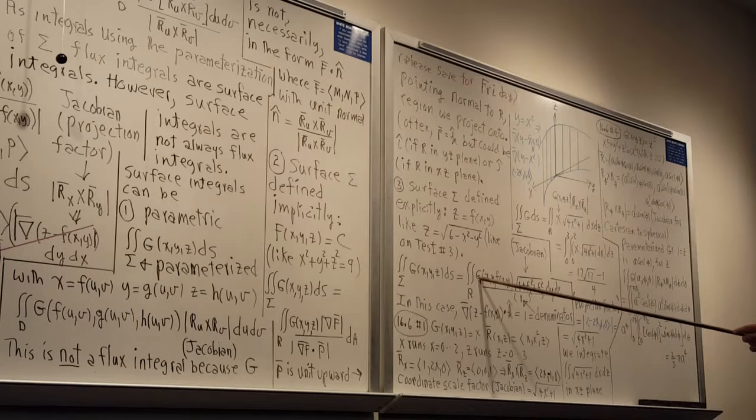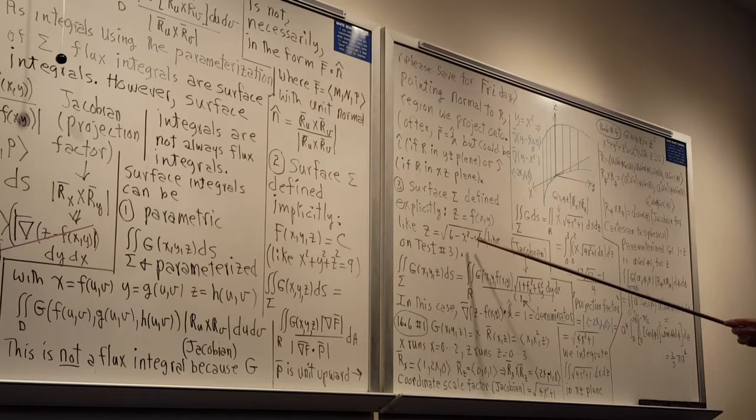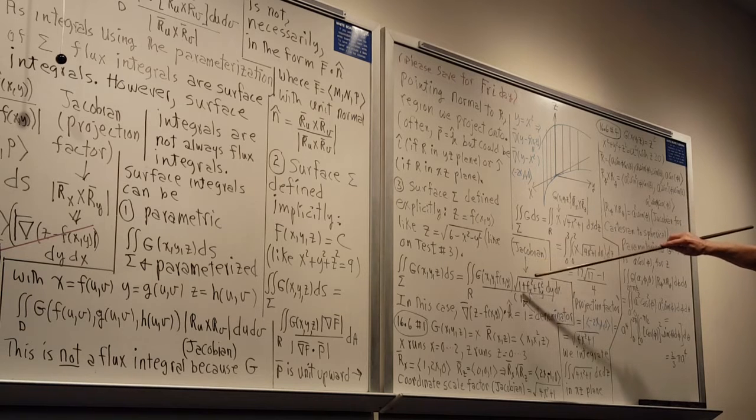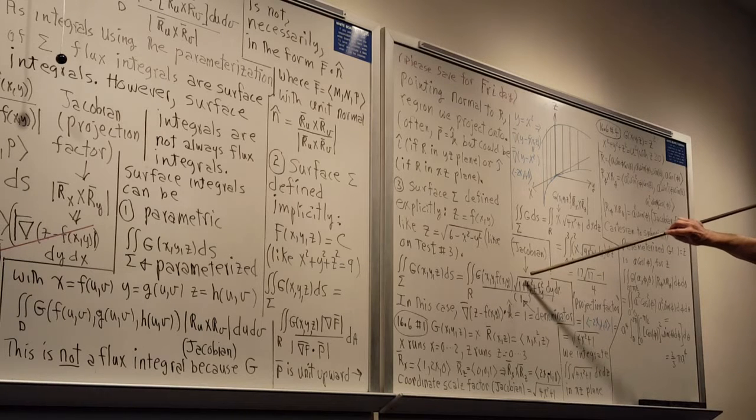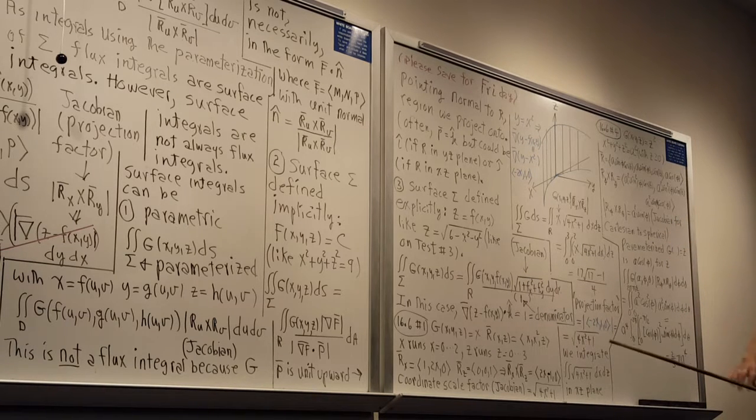So whatever function it is you're given in the problem to be integrating, you'd replace the z with the formula for z when you're on that surface, and then your Jacobian is going to be this magnitude of the gradient of z minus f of xy, and then you dot that with k, and that will give you just the 1 as your denominator.